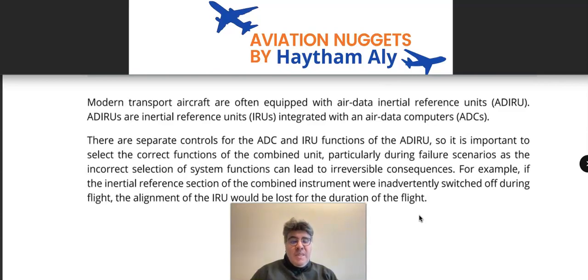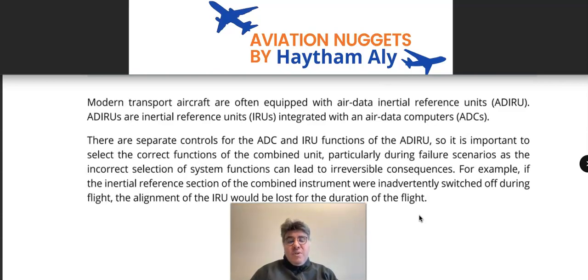Okay, everybody? And the inertial reference unit, IR, is actually an inertial reference computer that has data from the gyros and accelerometers to calculate aircraft present position and estimated time of arrival.